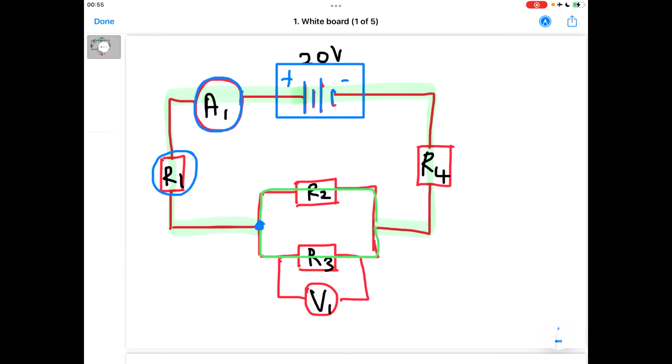So the other will flow through this side, and the other one will flow through that side. Meaning the current flowing through this side, when you add it to the current flowing through that side, has to take you back to the total current which joins there, and then it continues.